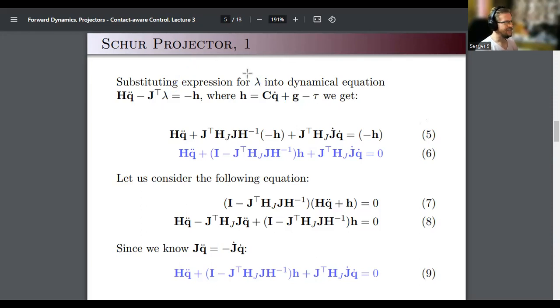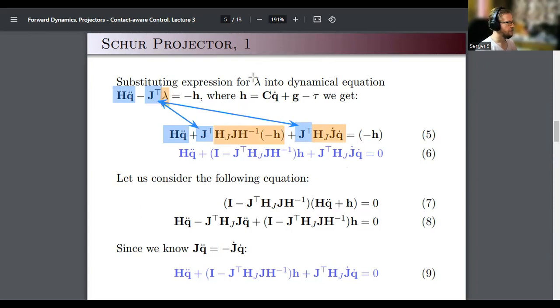With that, we get the same H q double dot here, and this J transpose. Instead of lambda, what we have is this whole thing. This is lambda, and this is still the same J transpose.